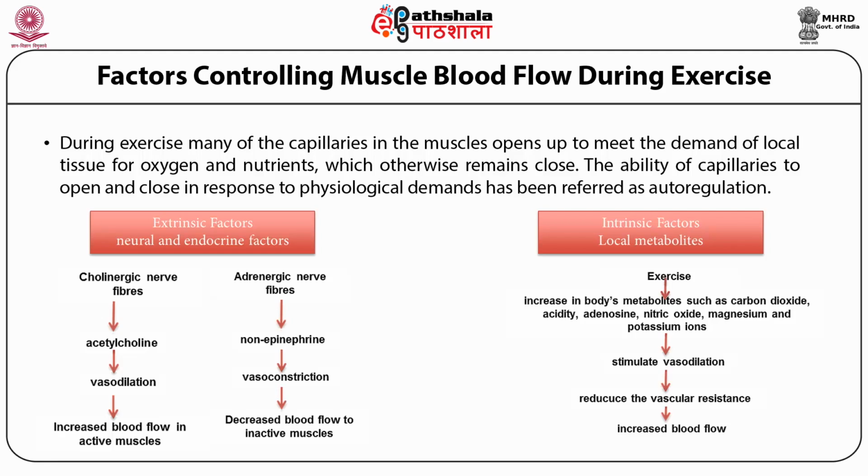These accumulated metabolites stimulate vasodilation of blood vessels in active muscles, thereby reducing the vascular resistance to increase blood flow. The metabolic vasodilation of capillaries in active muscles occurs soon after the onset of exercise.